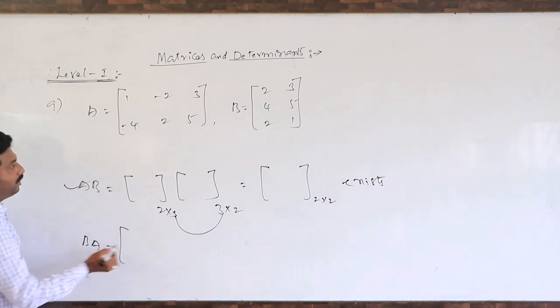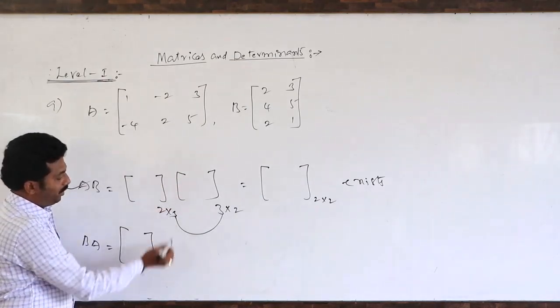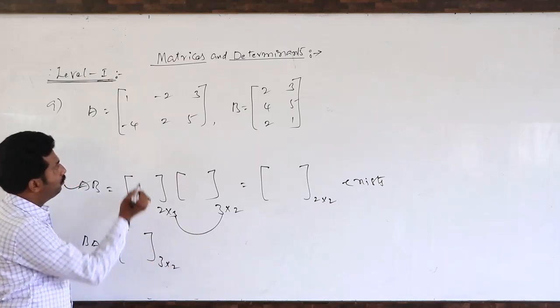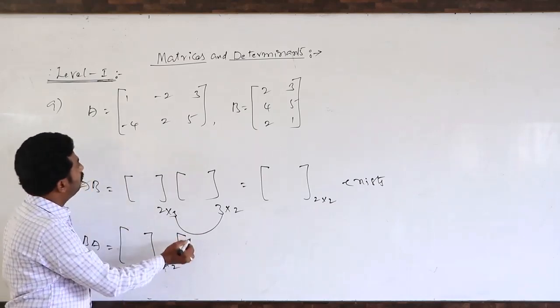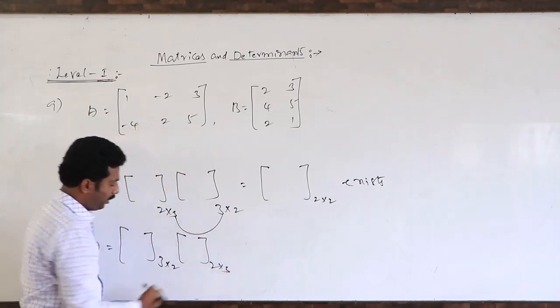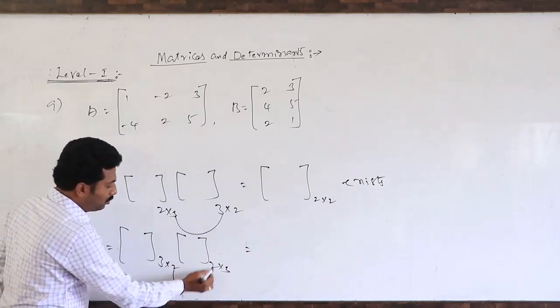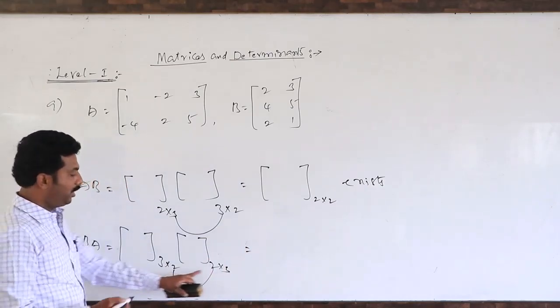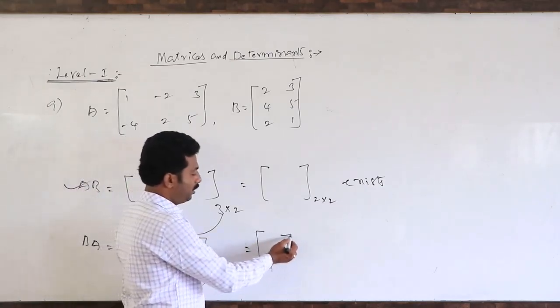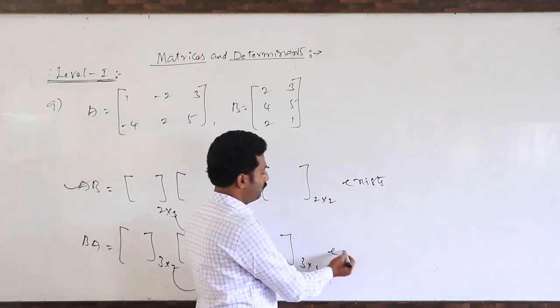B matrix order is 3 by 2, A matrix order is 2 by 3. The 2 columns equal the 2 rows, so the resultant matrix order is 3 by 3. So this also exists.